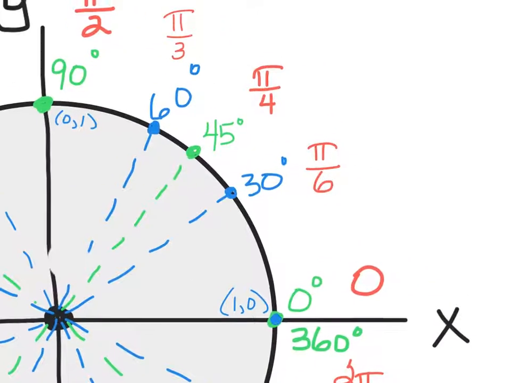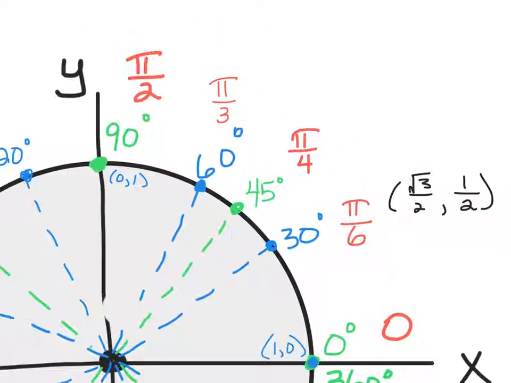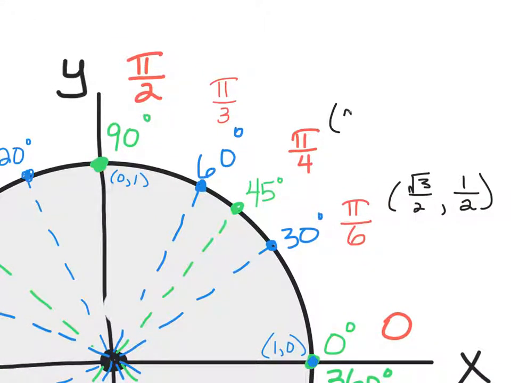The cosine of 30 is radical 3 over 2, and the sine of 30 is 1 over 2. The cosine of 45 is radical 2 over 2, and the sine of 45 is radical 2 over 2 as well.